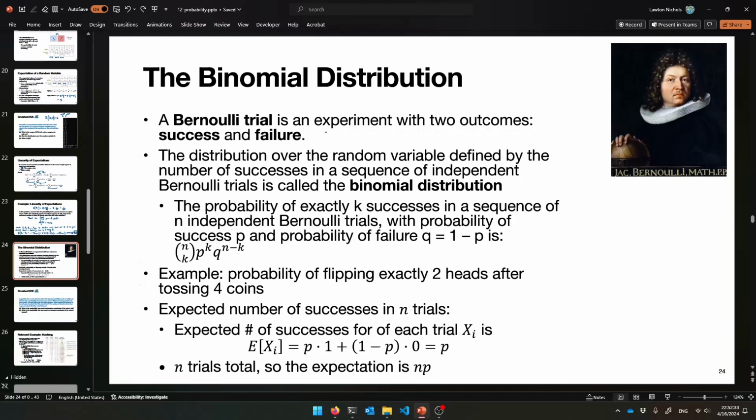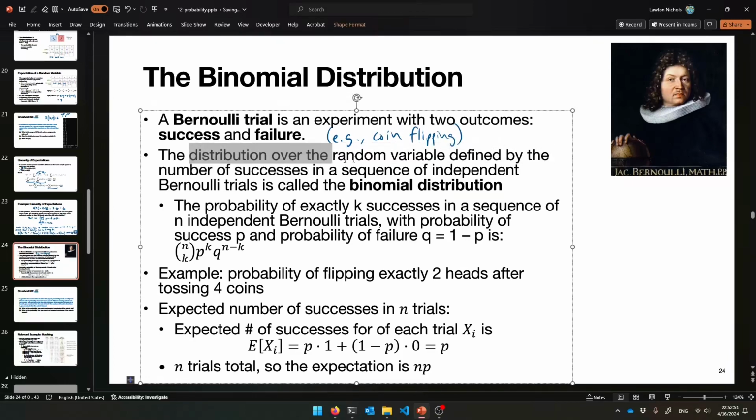You can consider coin flipping to be a Bernoulli trial, because you have two options. Say I really like heads, so if the coin lands on heads, that's success, and if it lands on tails, that's failure.